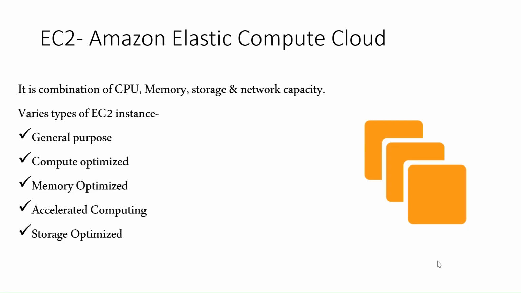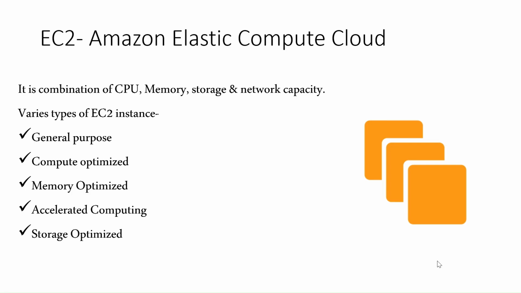So there are different types of EC2 instance, that is general purpose. General purpose EC2 instances are used for day to day activities, whereas compute optimized, where you need good computing power, those servers are there in compute optimized.